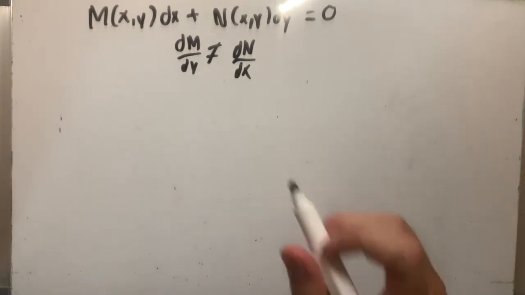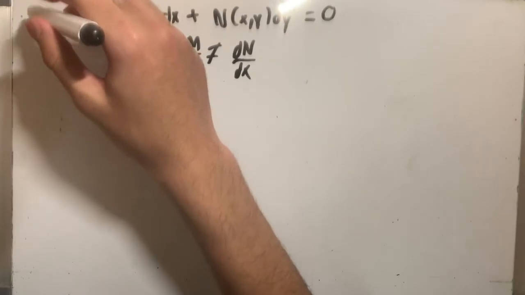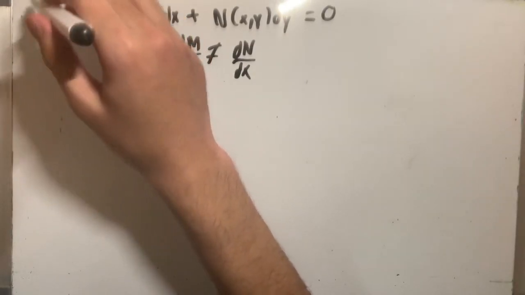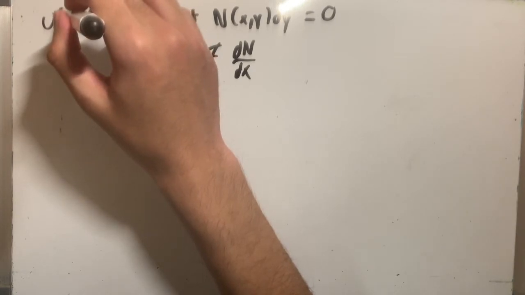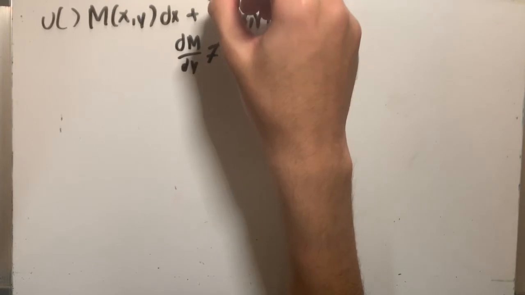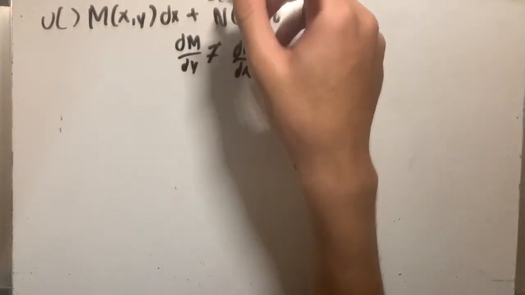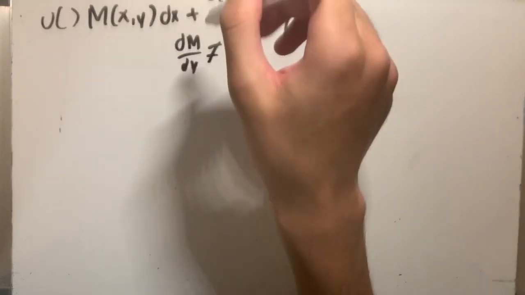Well, then we have to multiply both sides by an integrating factor, u of something. I'm just going to put nothing in the middle because we don't know what that something is. So how do we find that integrating factor that we multiply by both sides?